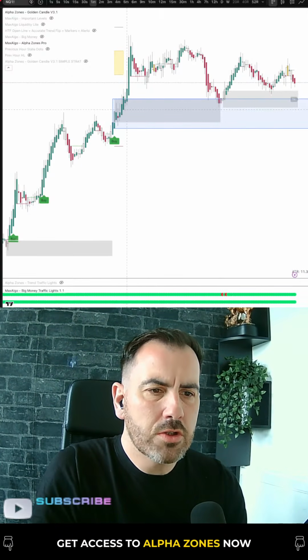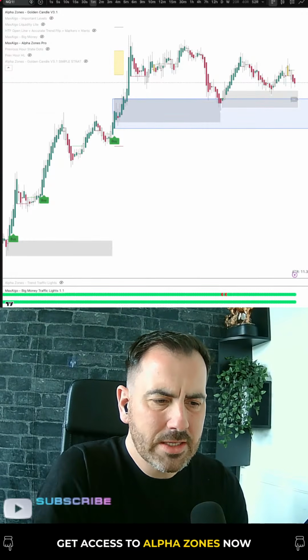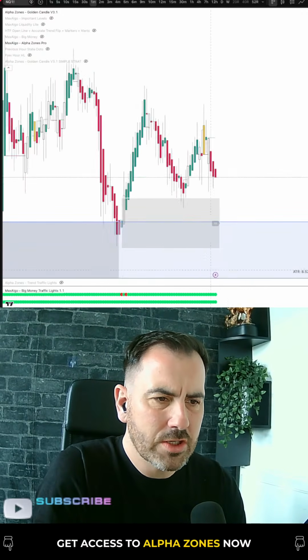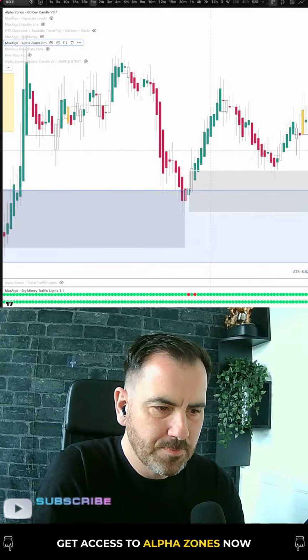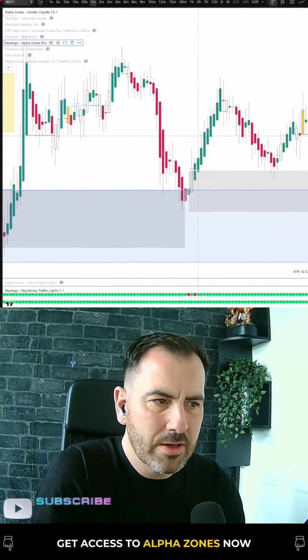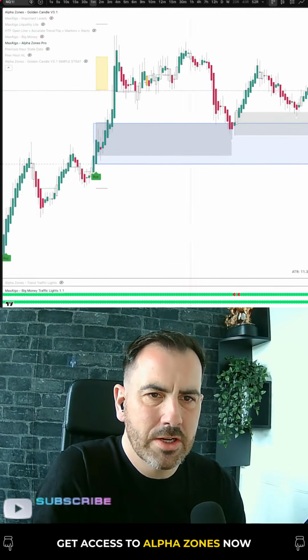So we want our alpha zones to be above. And we're looking for our traffic lights, which are, if I zoom in for you so you can see, these dots at the bottom. They look like a line, but they are dots. So we're looking for these to both be green if we're looking for a bullish trade, and both be red if we're looking for a bearish trade.